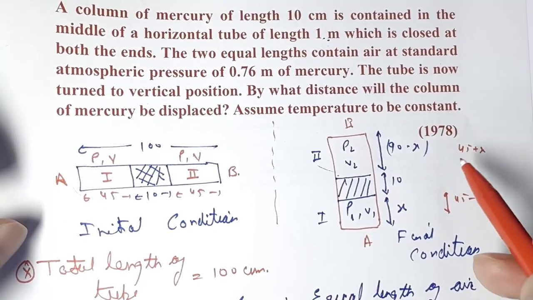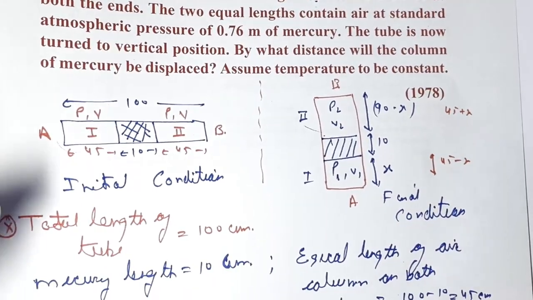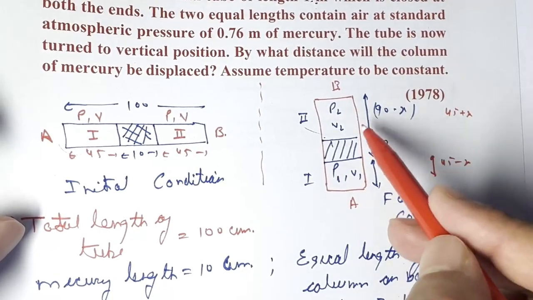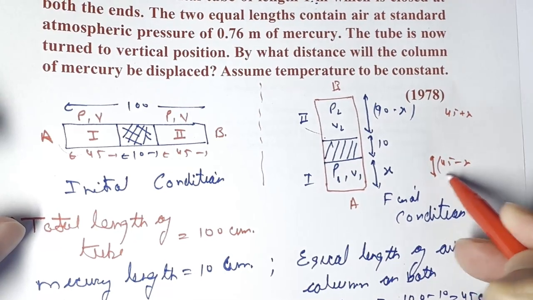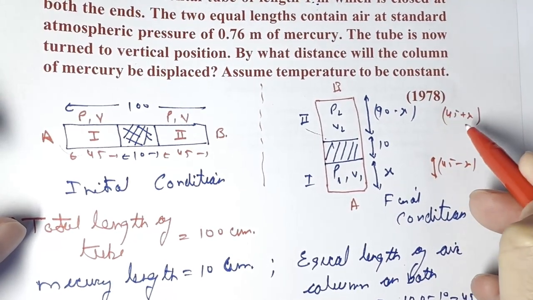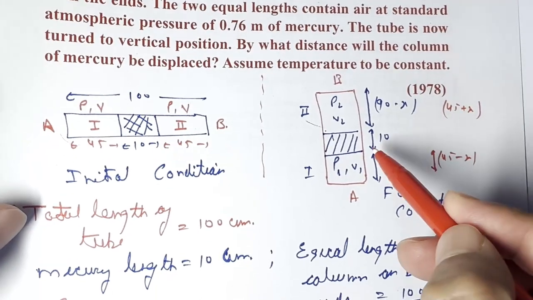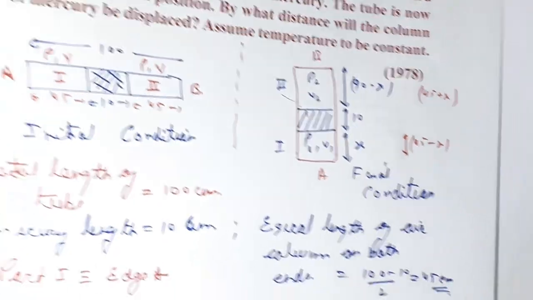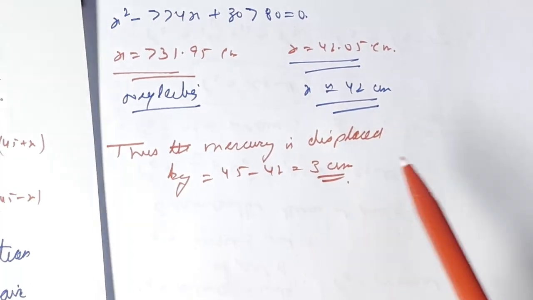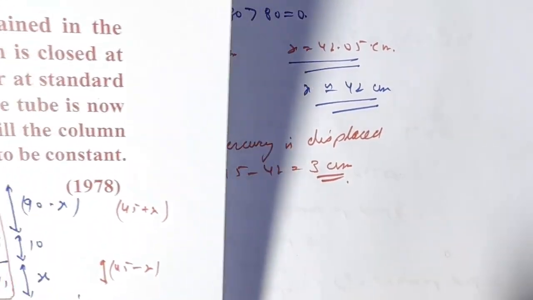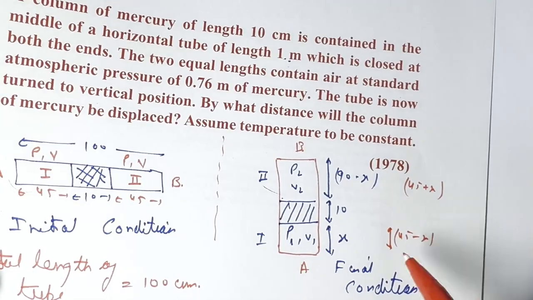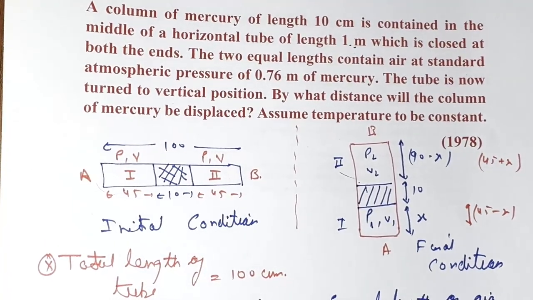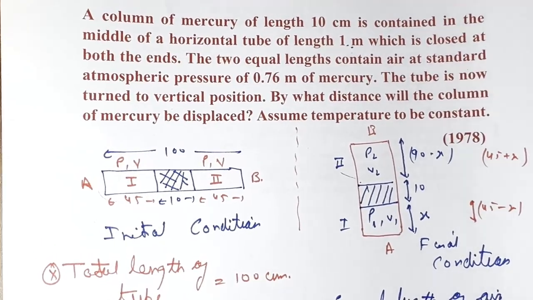We can solve it using this, and the rest of the things will be the same. Only the lengths of part 1 and part 2 become 45 minus x and 45 plus x. In that case we directly get the value of x as 3 centimeter, approximately 3, not exactly 3. So it can be done this way also, and we get the same answer in both cases.